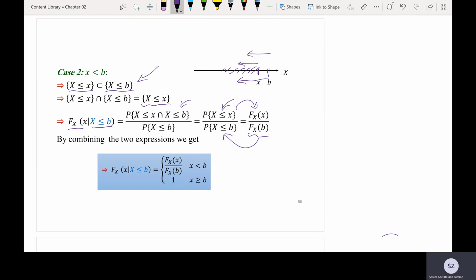So if I give you a random variable and ask you, what is the probability that X, defining the CDF of X, given X is less than a number, then you need to be able to figure out what this is.